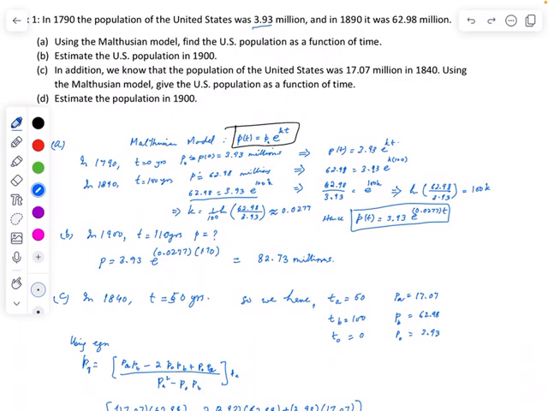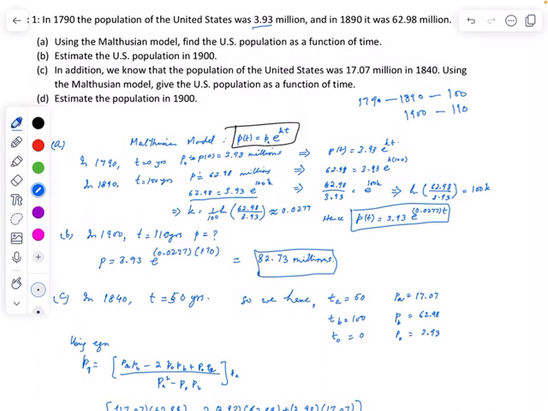From 1790 to 1890, we have 100 years, and we have to add 10 more years, so 1900 will be 110. We now plug in 110 for t, and we get 82.73 million. So that is our answer for part B.